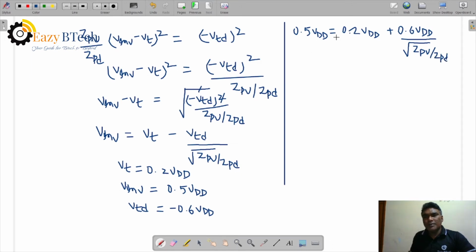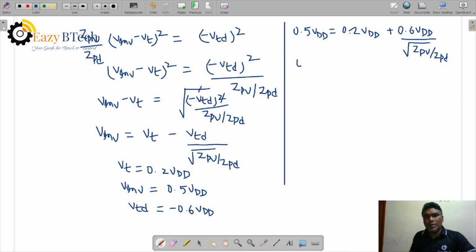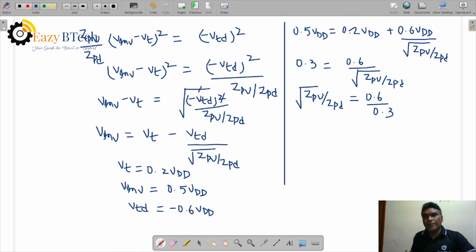Take VDD common, VDD will be cancelled out. And 0.2, take this to the left side, it will become 0.3. So 0.3 is equal to 0.6 by square root of Z pull up by Z pull down. If you take this to the left side, square root of Z pull up by Z pull down is equal to 0.6 by 0.3, which is 2.